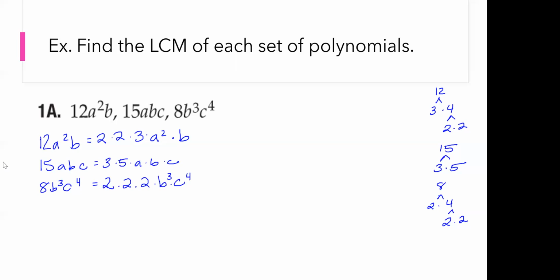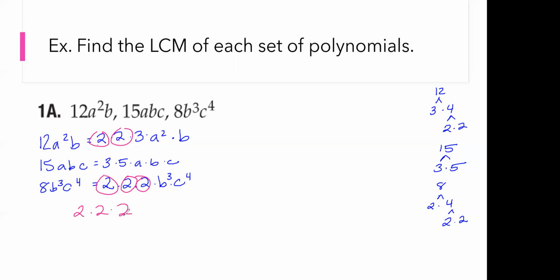Okay, so then we need the least common multiple, right? So we need the factors that each of these has. This one has two factors of 2, but this one down here has 3 factors of 2.